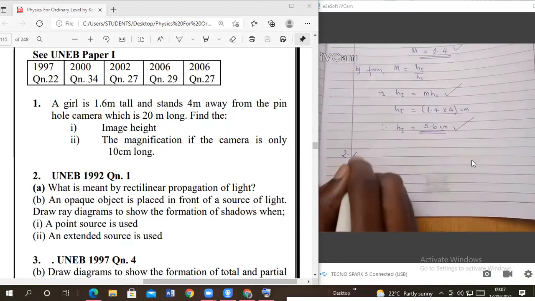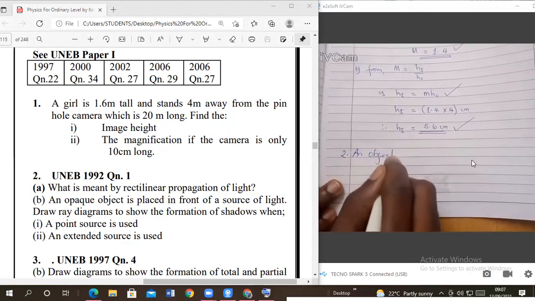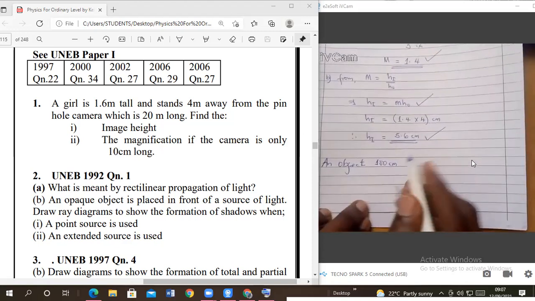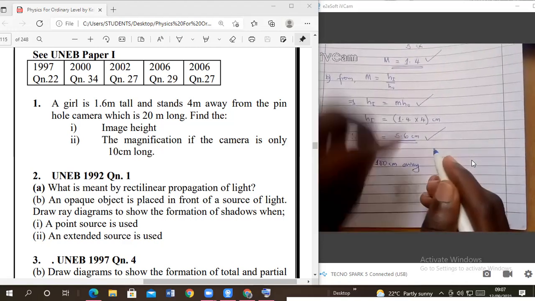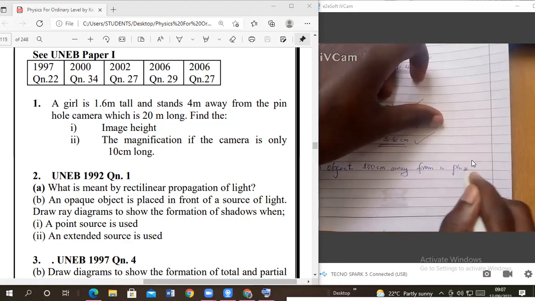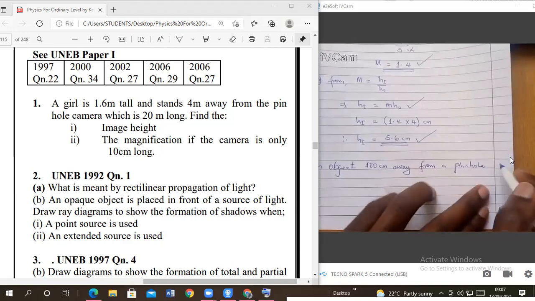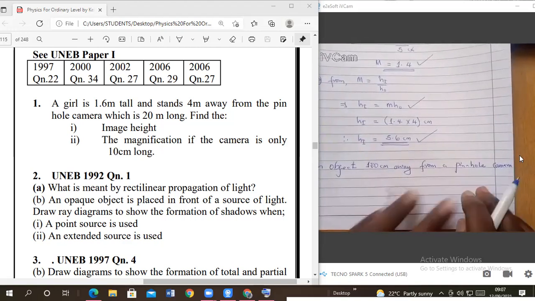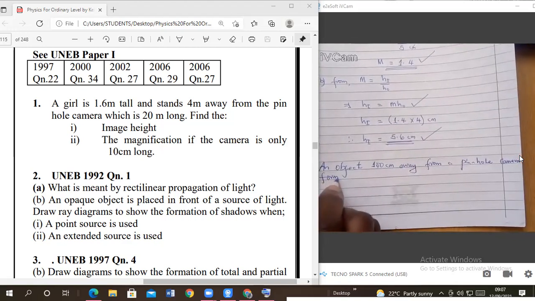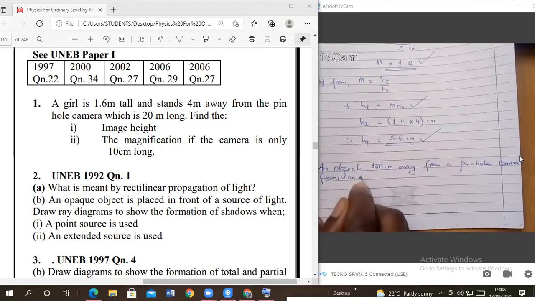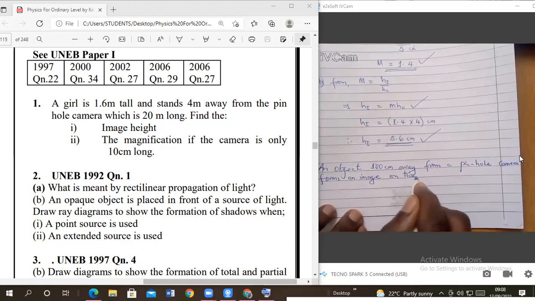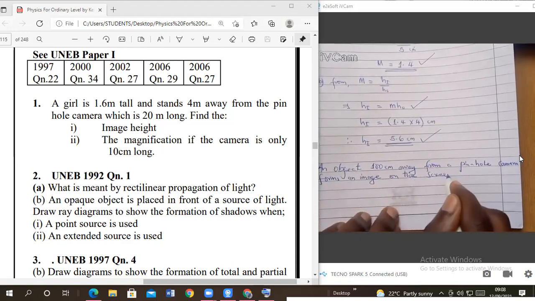Okay. They said an object 100 centimeter away from a pinhole camera forms an image on the screen, full stop.